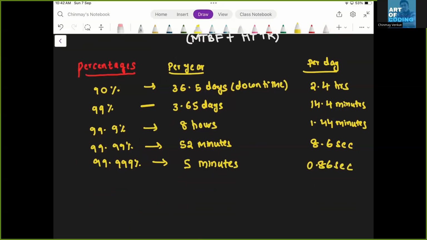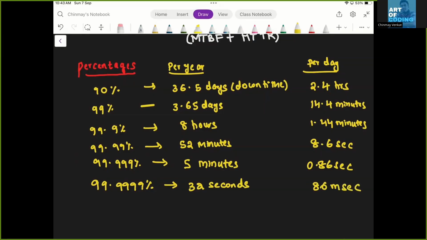If your application is 99.9999%, per year there is 32 seconds of downtime, and per day 86 milliseconds of downtime.